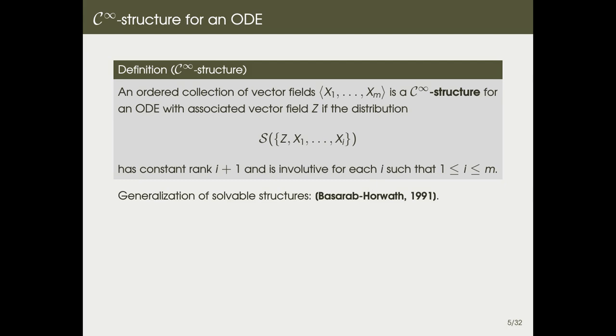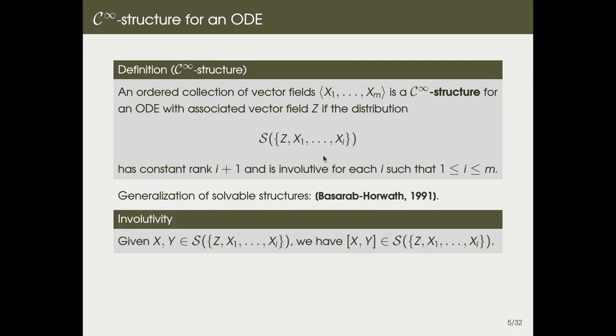The notion of C-infinity structure, which is a generalization of solvable structure, is the key notion here in this approach. It is a collection of vector fields X1, X2 until Xn in such a way that all the distributions appearing here when we add these vector fields are involutive.